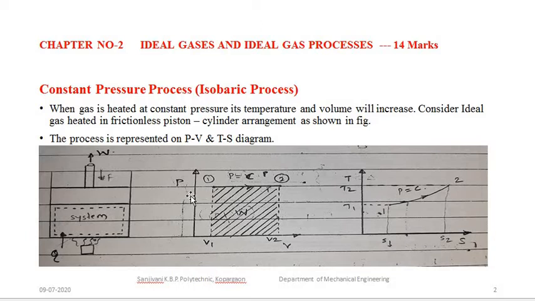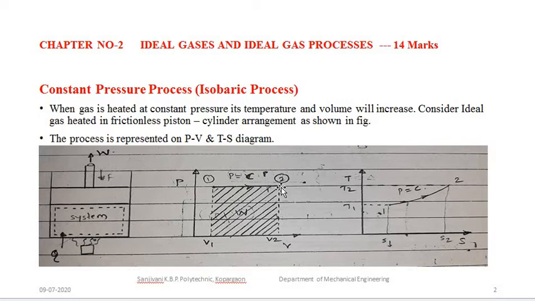These properties we can measure before the heat addition, and we can plot this state point 1 on both the property diagrams, that is the PV diagram and the TS diagram. Then when the heat is added, we see that there is an increment in the volume, but pressure remains constant. So we get this horizontal process curve up to the final state point number 2. That is where we stop the heat addition.